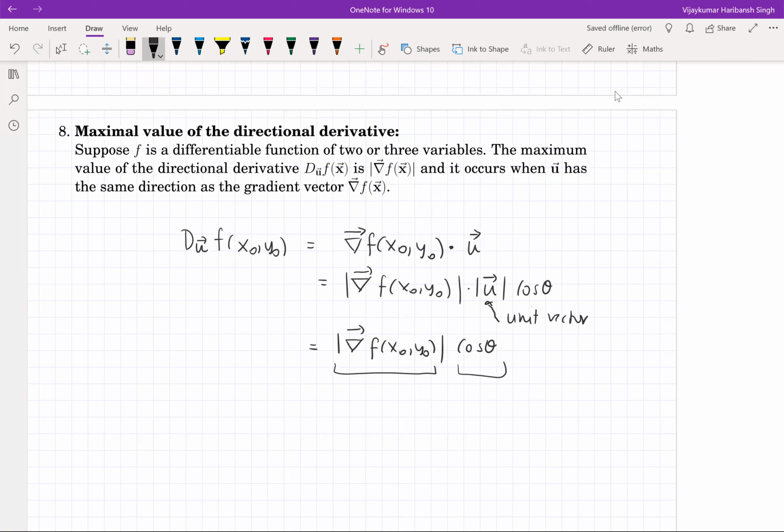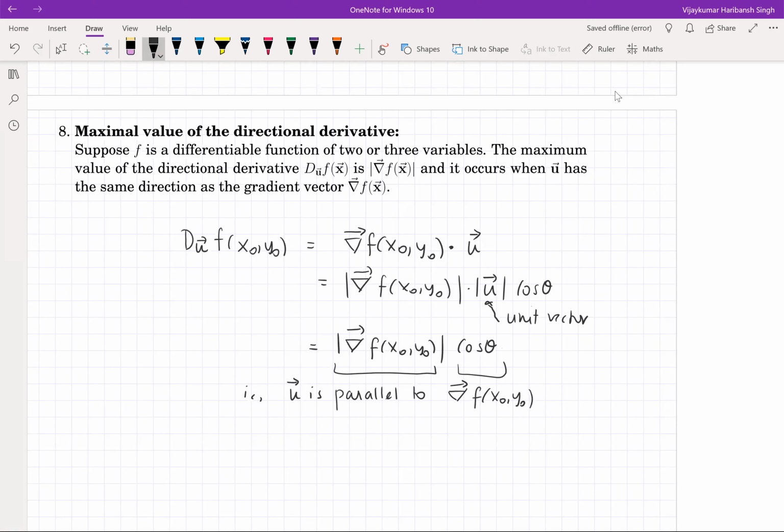That is the same as saying u is in the same direction, or rather parallel, to grad f.